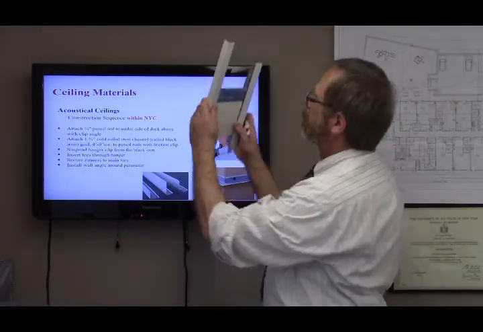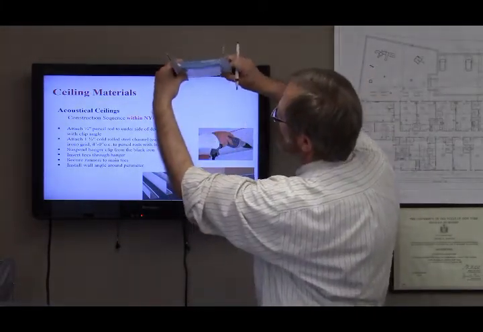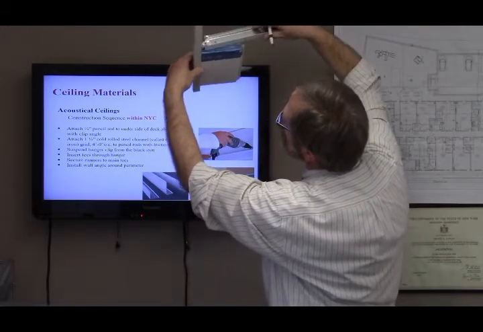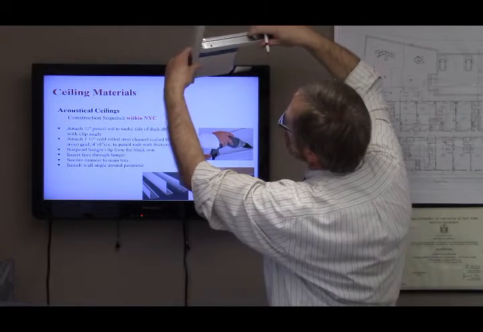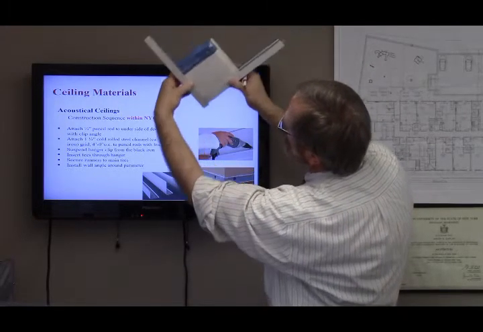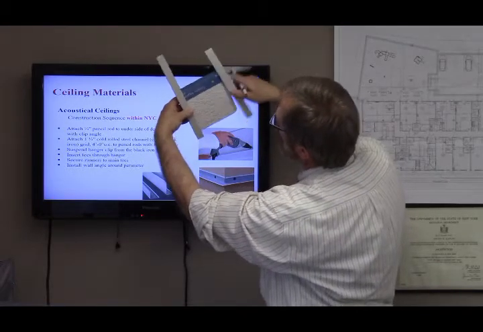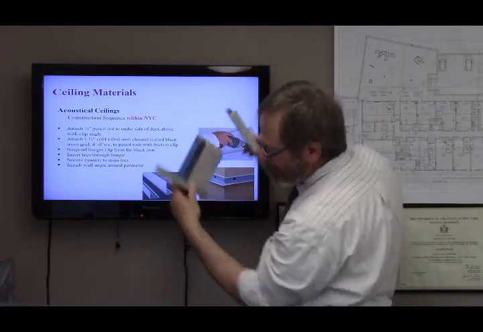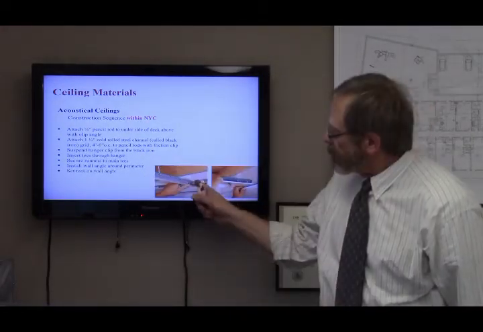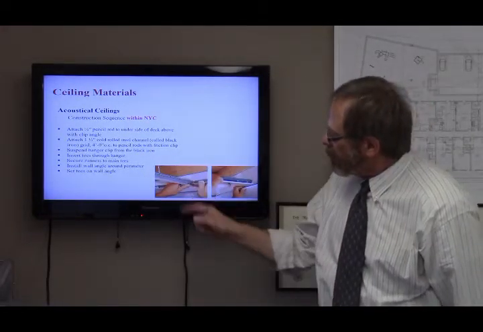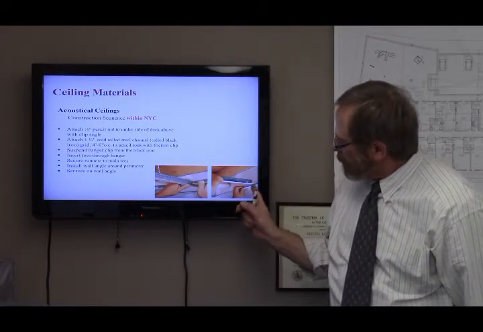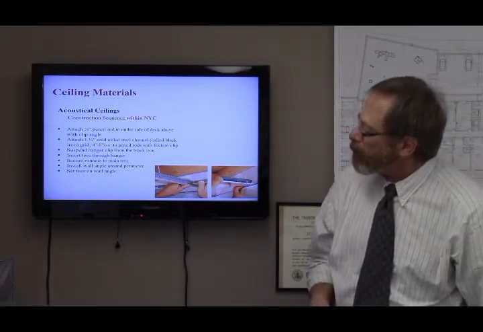And the other side sits on the cross T's or the main T, just like that. Here you can see the snapping in of the T's to the main runners, and the main runner or T sitting on top of the perimeter wall angle.